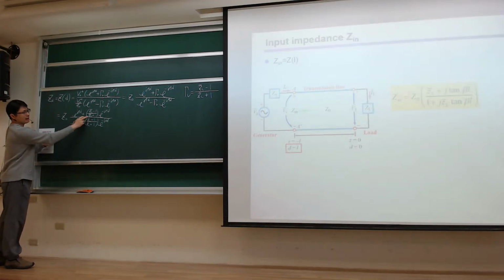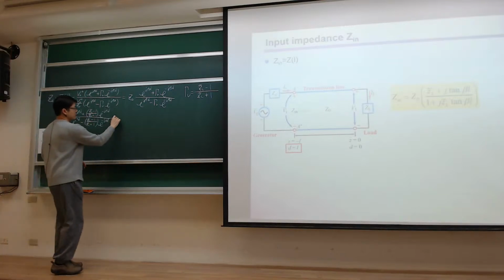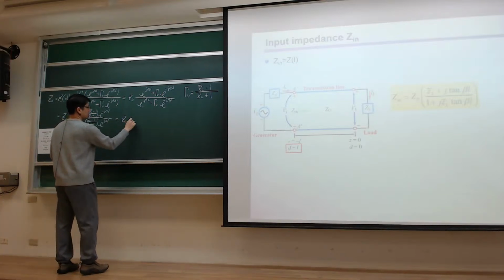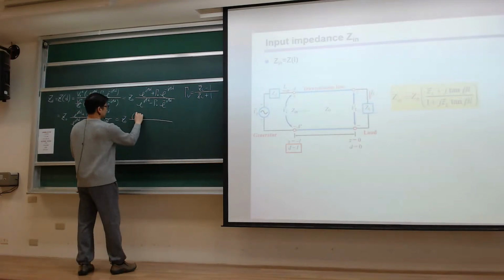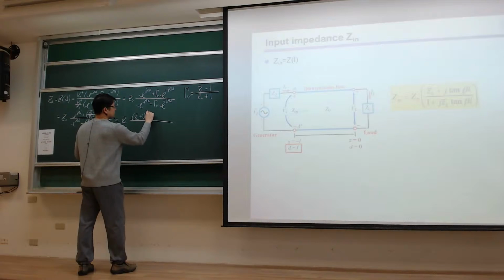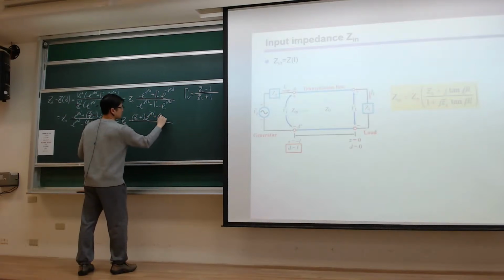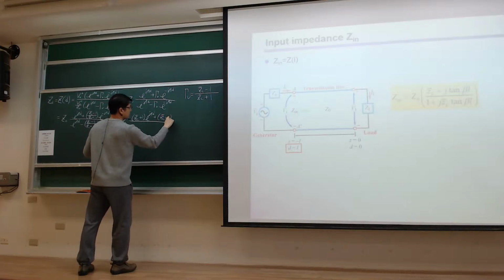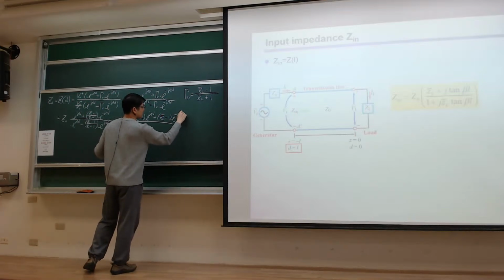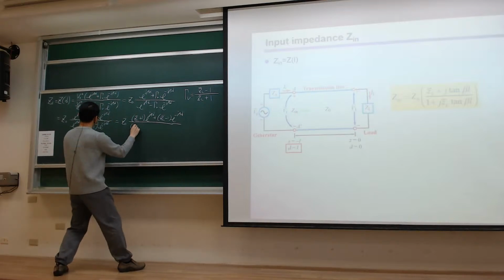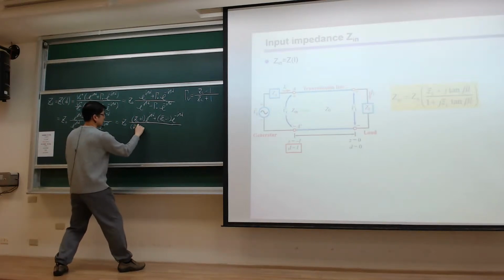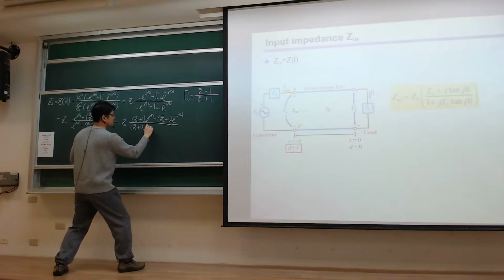So at this time, all I have to do is normalize, right? I can multiply everything by this normalized load impedance plus 1. So that is minus.